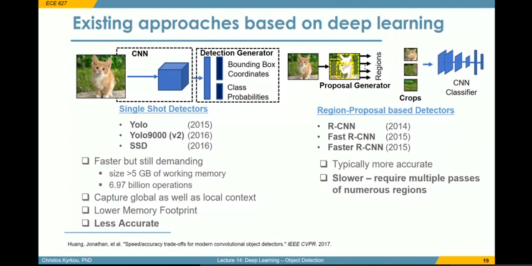So they push all their effort into focusing on the right areas in the image that have an object. And then they use a convolutional neural network to classify each proposal. In this family, we have the methods that are based on RCNN and its future improvements.